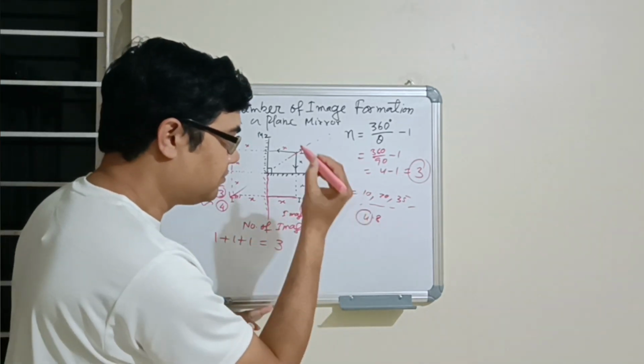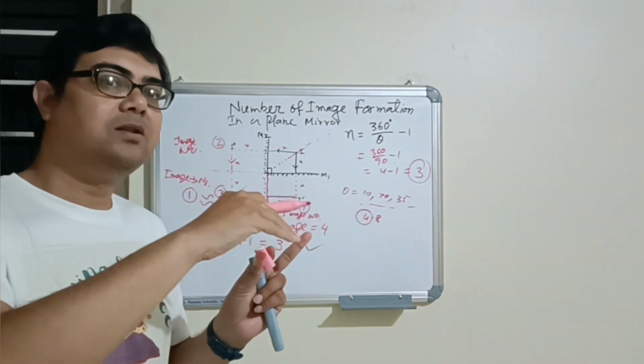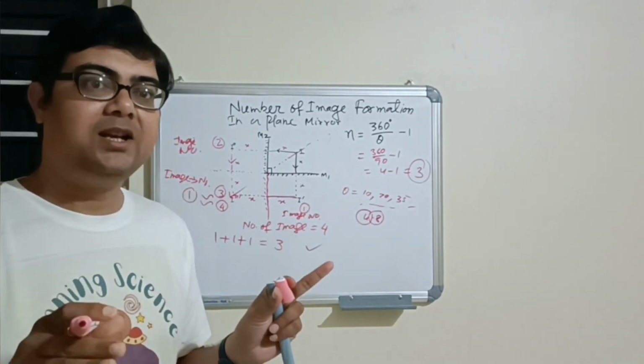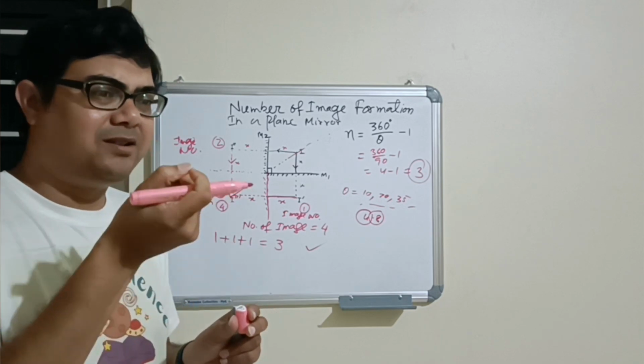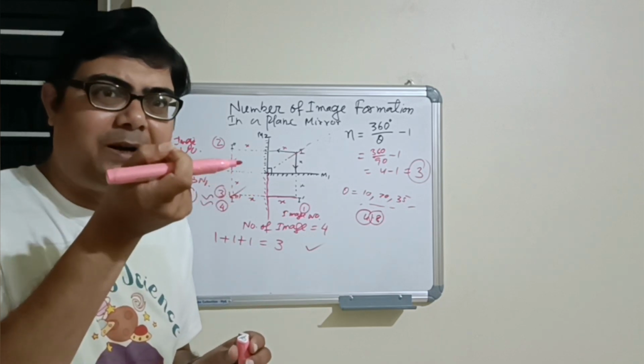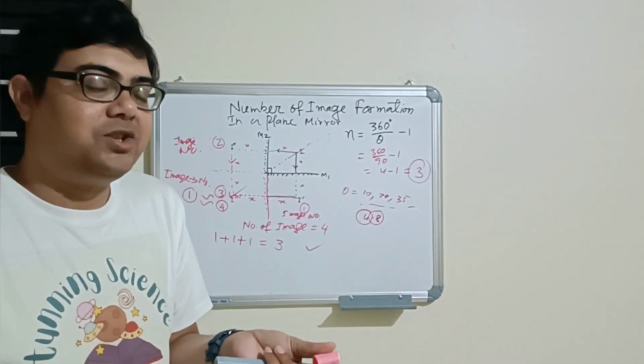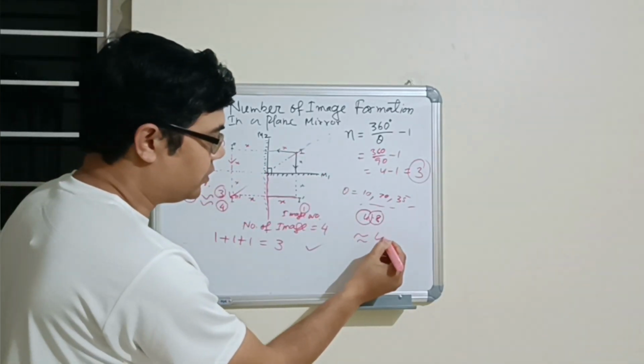Only 4. We cannot consider a fractional part in images, because we can get only the whole object as an image, right? So 4.